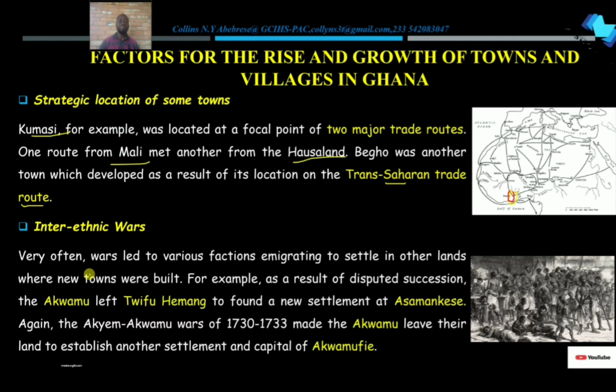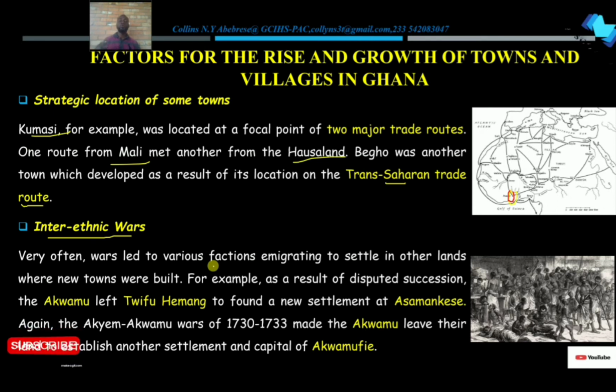Now, another important factor that normally leads to the rise and growth of towns in Ghana is inter-ethnic wars. Inter-ethnic wars fought between people, fought between ethnic groups, and these wars were rampant during the pre-colonial times. These wars were rampant in our part of the world here.